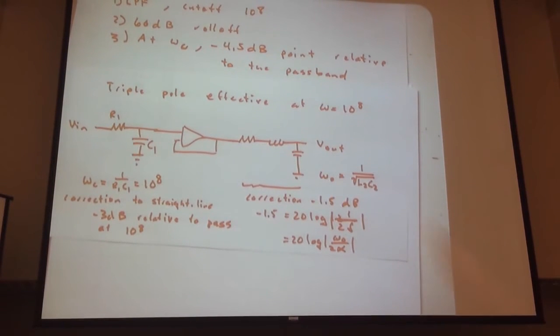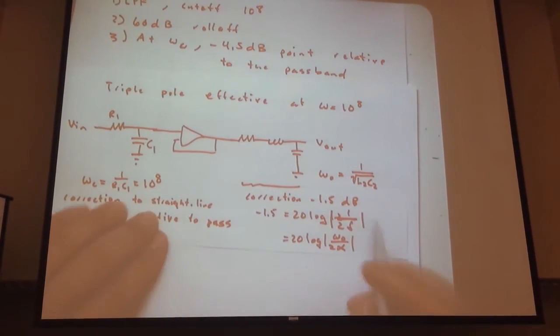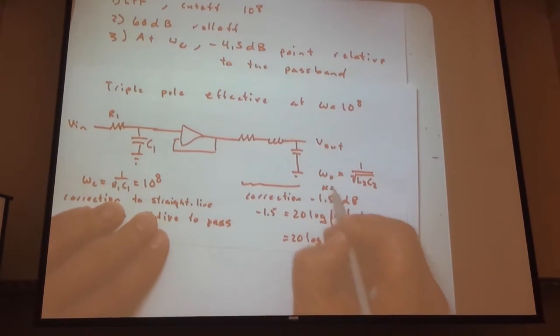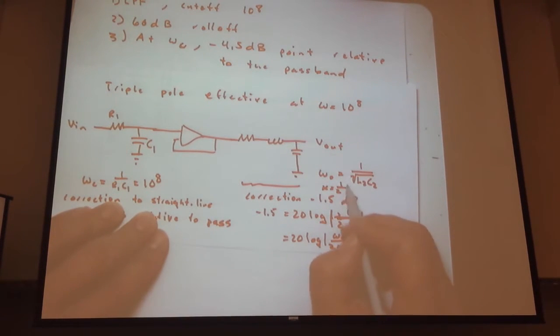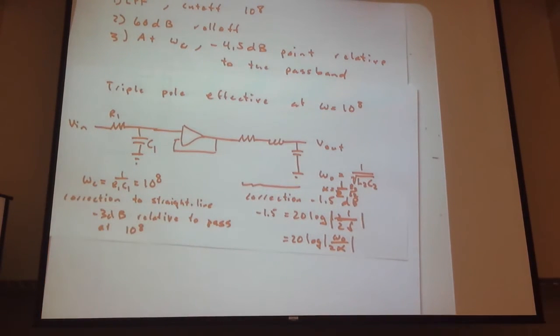Omega naught is 1 over square root of L2 C2, and alpha, of course, is 1 over 2 times R2 over L2. Didn't give myself much room there. We know what that is. That's for this series RLC circuit, of course.